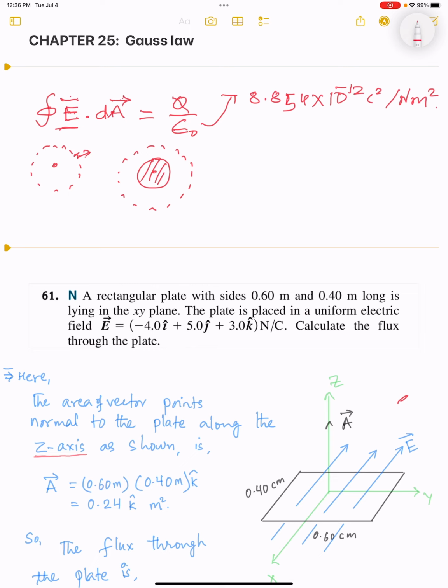So to calculate the capacitance of a capacitor, you can also use Gauss law to calculate the electric field between the plates of the capacitor. Let's say there are two plates of the capacitor and you want to know the electric field, you can use Gauss law for that too.